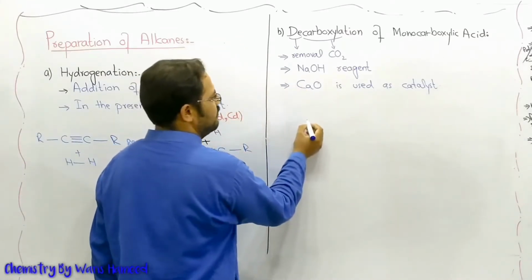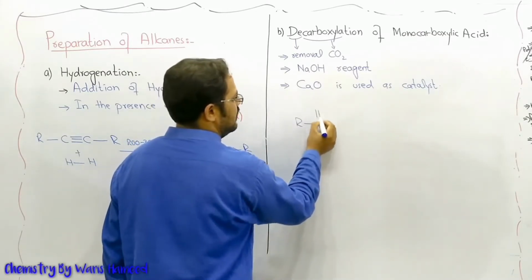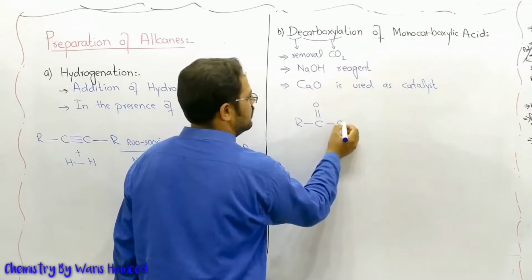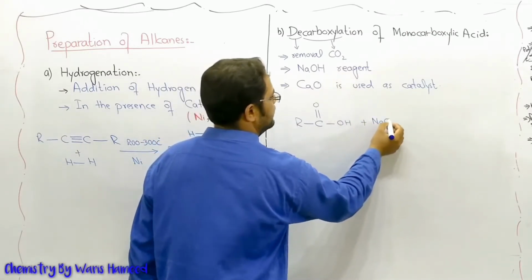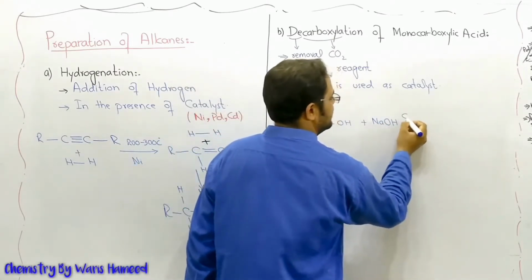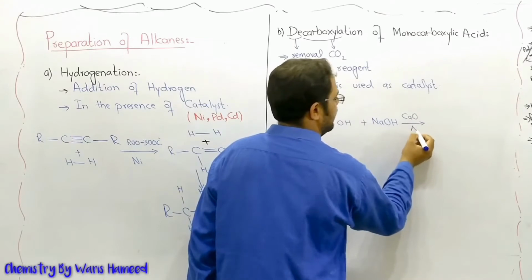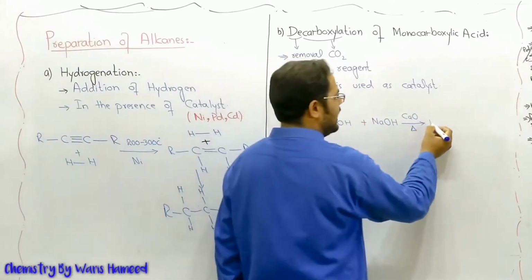For example, if we have monocarboxylic acid, C double bond O, OH, and here is NaOH, in the presence of catalyst CaO, and by heating it will form an alkane, RH.